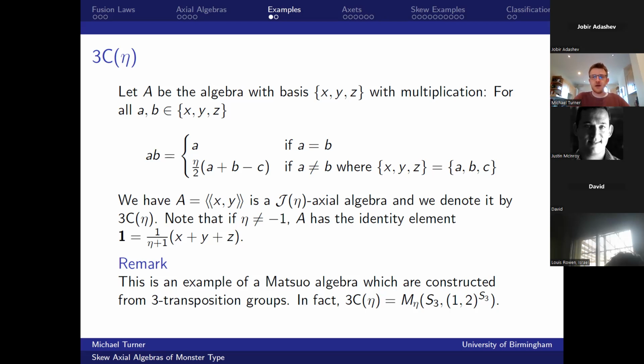So in the 1970s, Fischer classified the almost simple free transposition groups, and he got that the symmetric groups pop up, a few families of matrix groups popped up, and also there were 3 new groups, which were the Fischer groups, and gave us 3 new sporadic simple groups. So for 3C(eta), this is the Matsuo algebra on the symmetric group of 3 letters. So we take the group S3, and we have the conjugacy class of involutions, which is the only conjugacy class of involutions in S3.